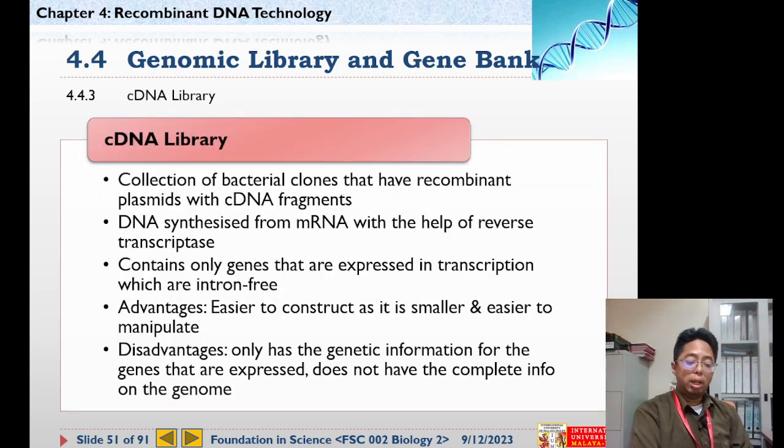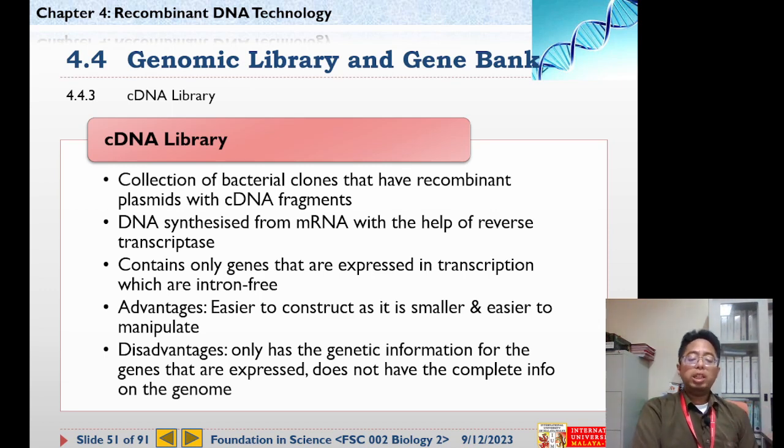So the cDNA library is a collection of bacterial clones that have recombinant plasmids with cDNA fragments. It is synthesized from mRNA with the help of reverse transcriptase and contains only genes that are expressed in the transcription, which are intron-free, meaning that you have the target gene which is useful and none of the filler stuff.